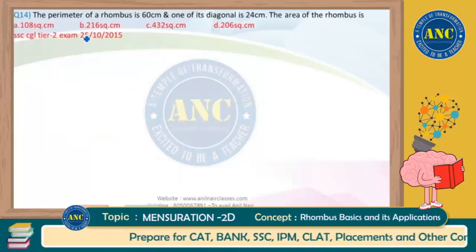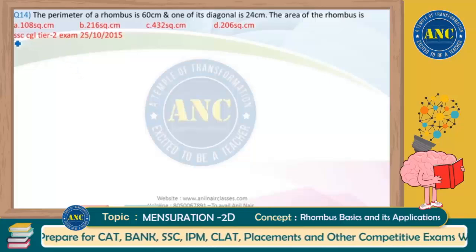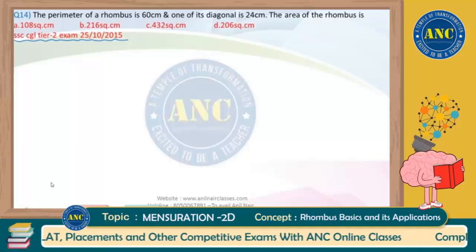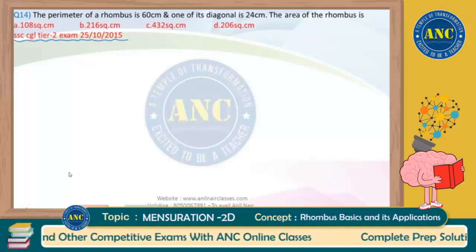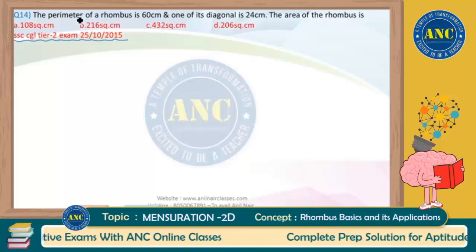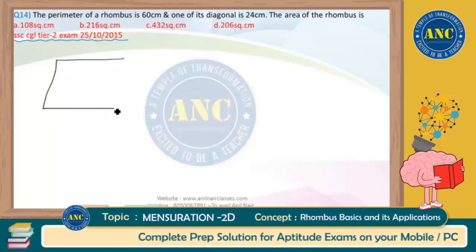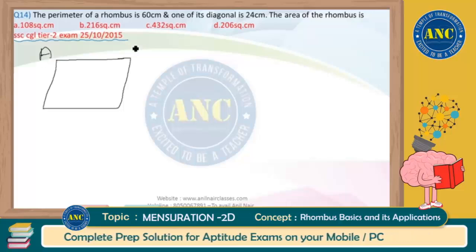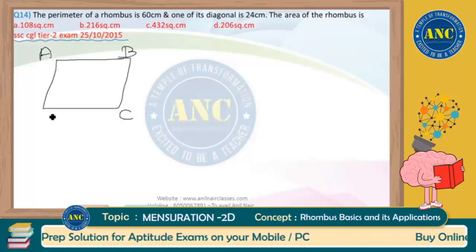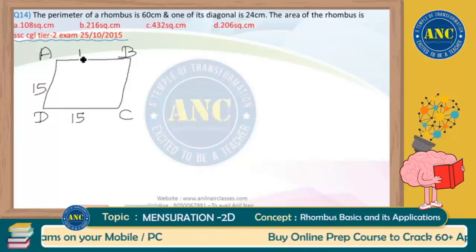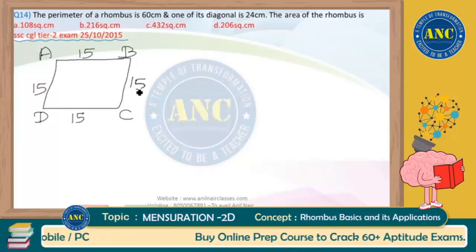Please see question number 14. It is an SSC CGL Tier 2 examination question from the year 2015, but it is nowhere different from my previous questions. The perimeter of a rhombus is 60 centimeter. If the perimeter is 60, every side is 15 centimeter each, because 60 equally divided into 4 parts is 15 each.